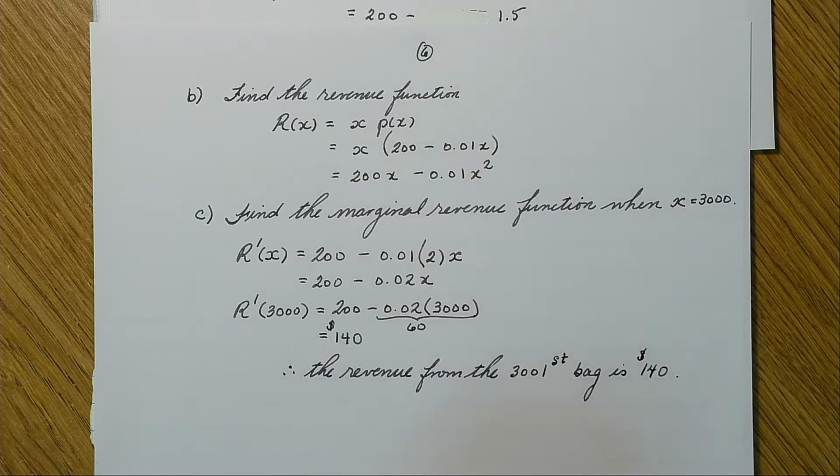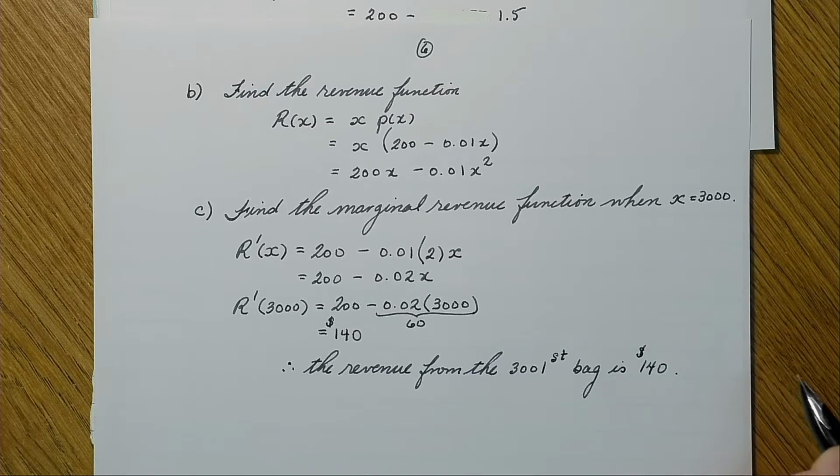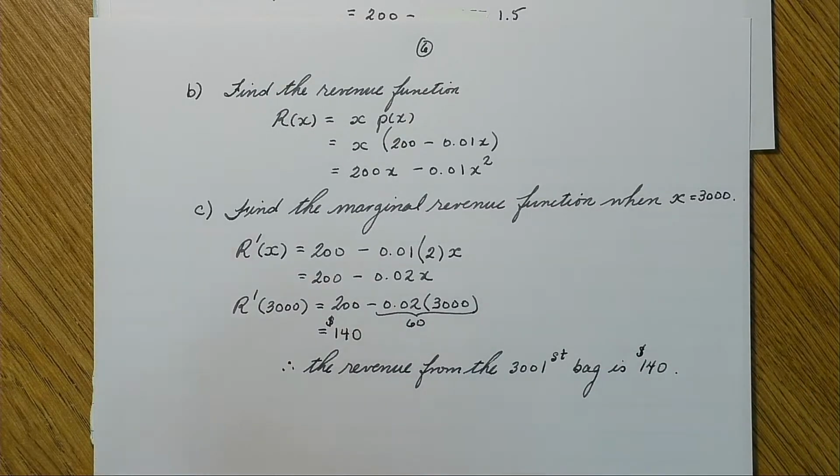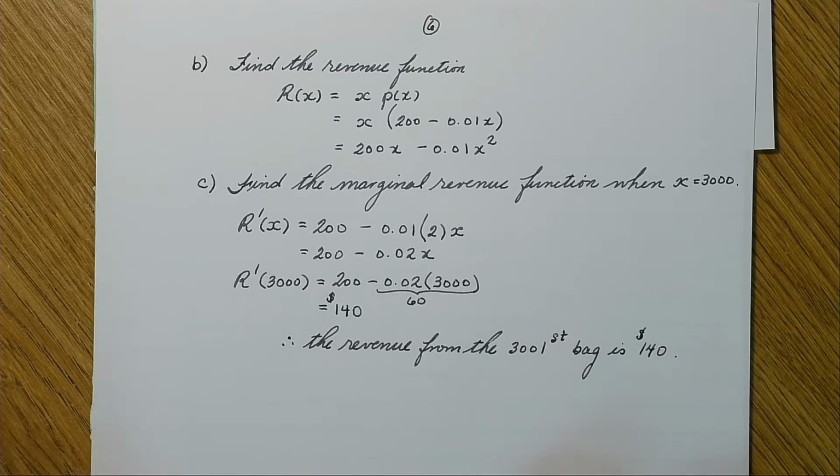So when they produce the 3,001st bag of smokeless powder, they're going to get $140. That's not their profit, it's their revenue off of that one bag.